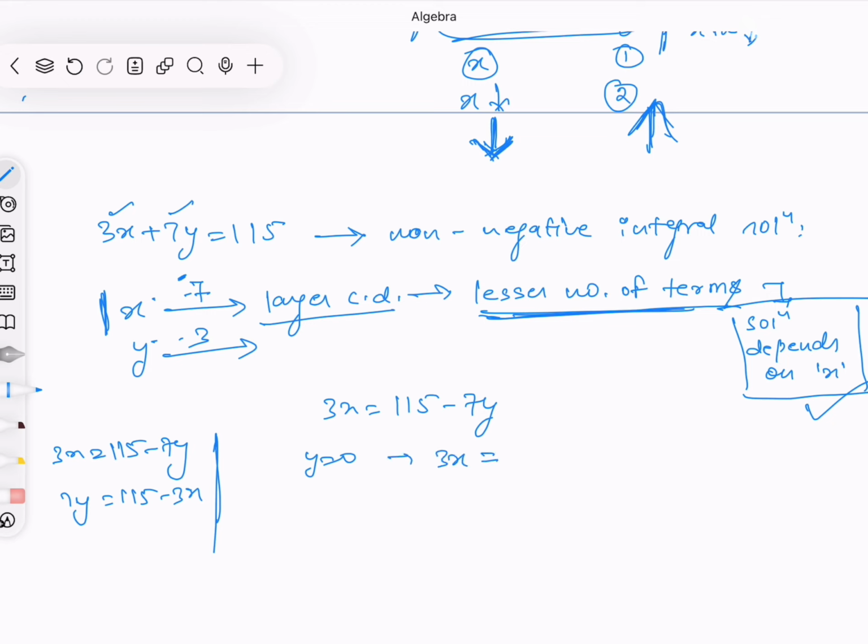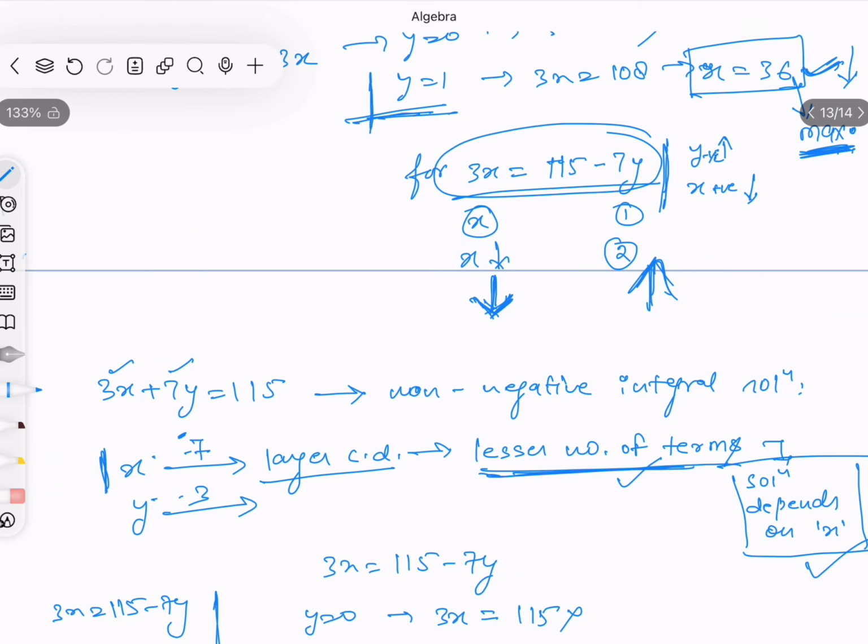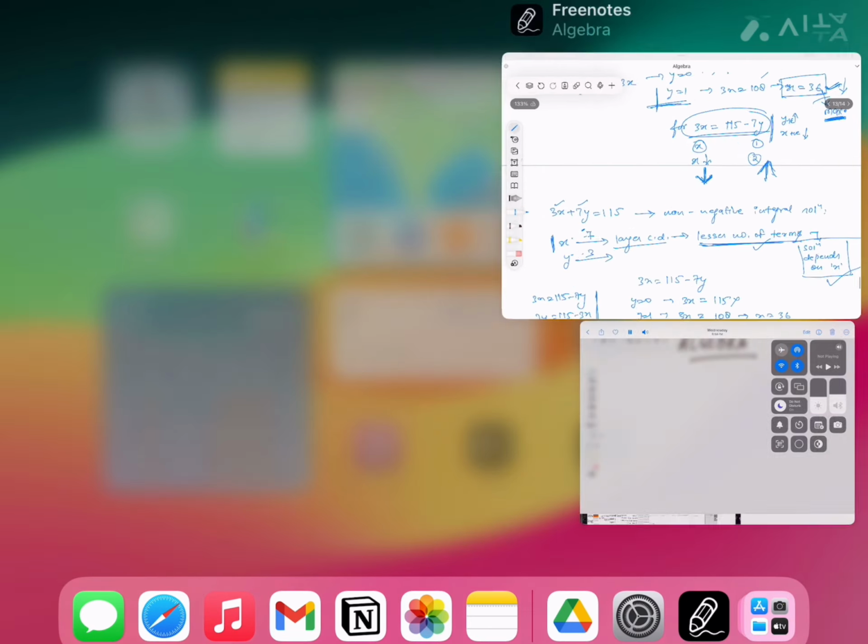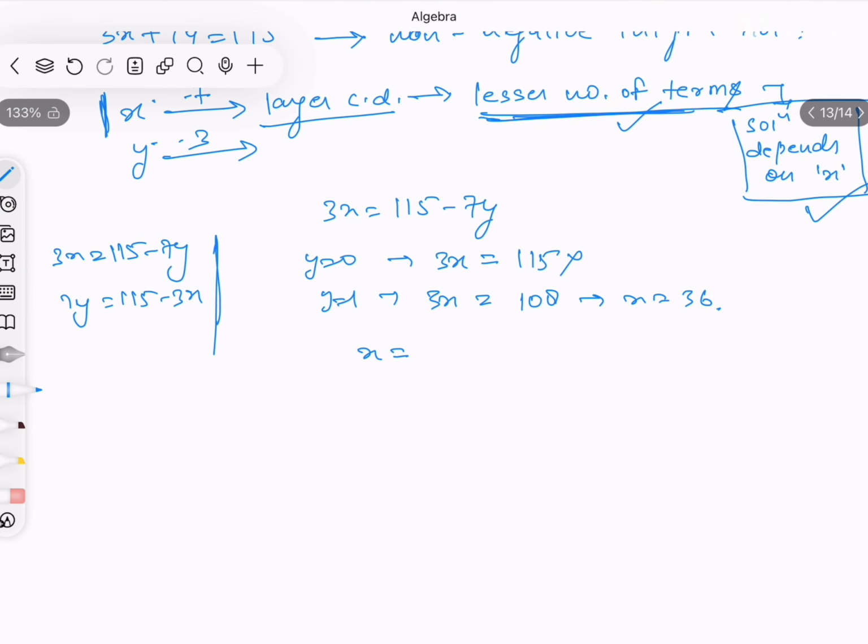So this will be 115, not possible. y equals 1, 3x is 108, so x will be 36, right? So now you see what we did. We saw that it has a lesser number of terms and 36 is max. So x is 36, this is max.